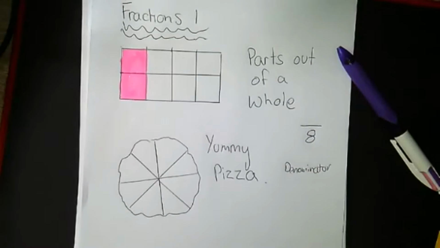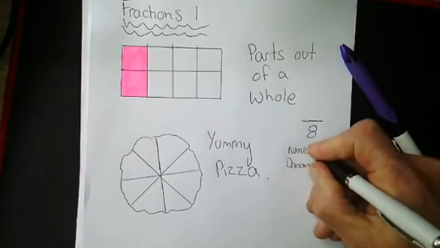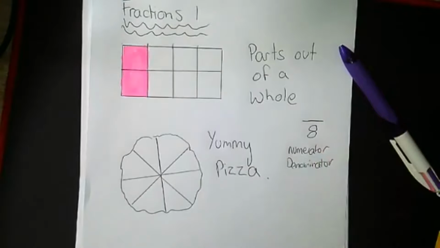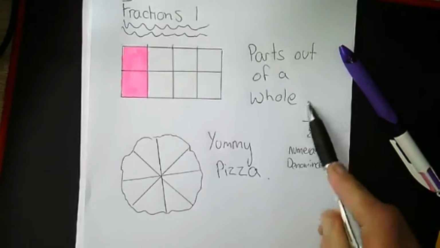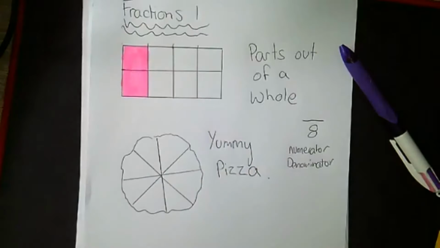So that's out of 8. That's the denominator, and that's always the same. The number at the bottom, called the denominator, is the number of parts that the shape has been split up into. And then we look at the numerator. The numerator, the top number, is the number of parts that we are going to use, that we're going to take, the parts that we're talking about in that whole.